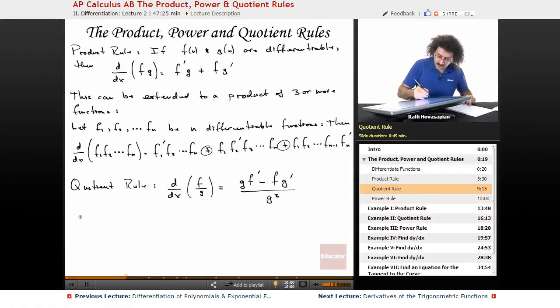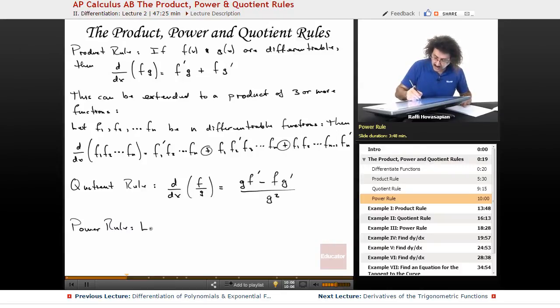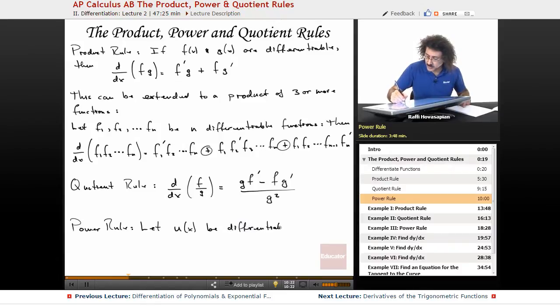And now let's go ahead and finish off with the power rule. Now, I'm going to use u instead of f or g. So let u be differentiable. So in other words, u of x is an actual full function of x.